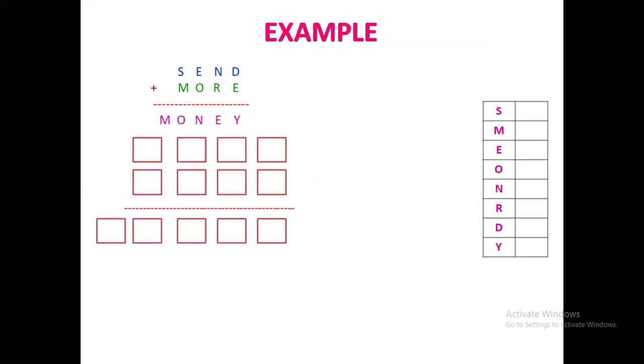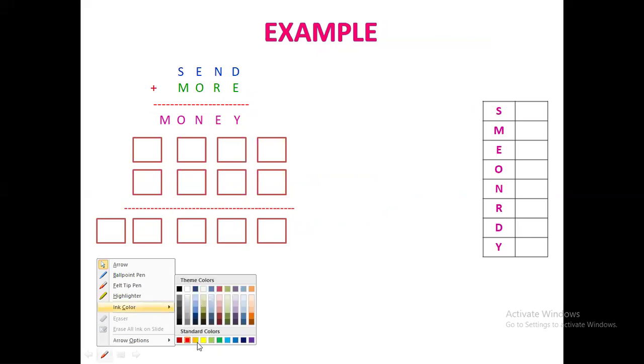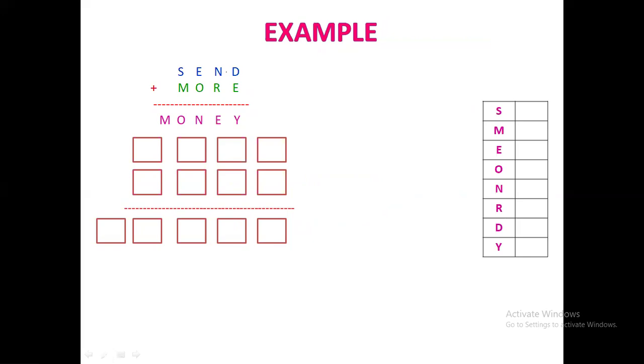How we are going to assign the values, we'll see in this problem. If you are adding SEND plus MORE, we are getting MONEY. And here, these four digits can be converted into five digits.